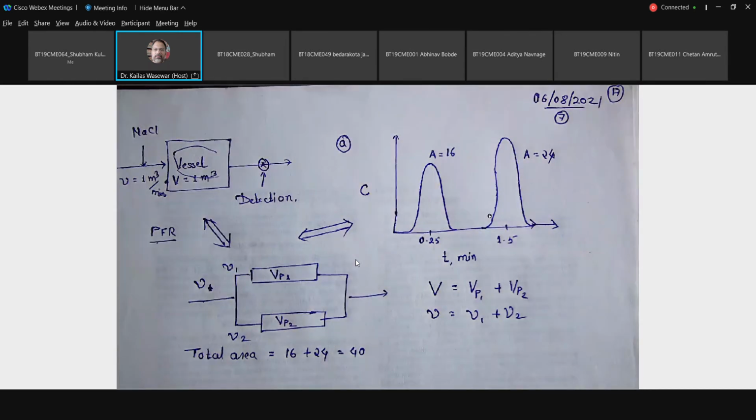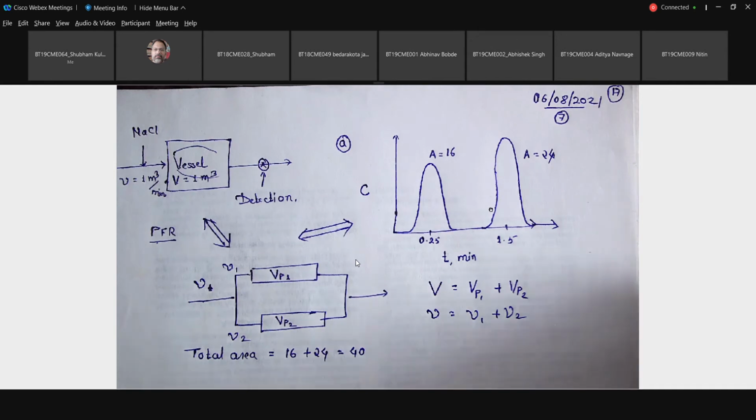Now, the area under this curve, what will you get? If you recall your equations, the area under the C curve, what are you getting? If you see your chapter number 11 for pulse input, area under the curve, what will you get? Yes, can anyone tell?